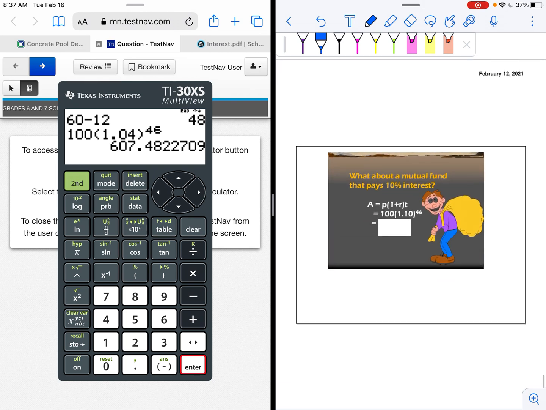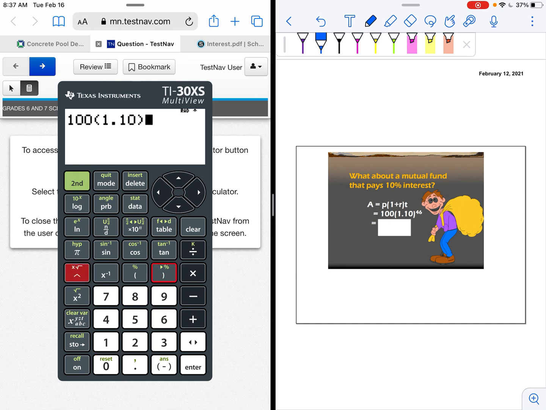Last one here. What about a mutual fund that pays 10% interest? So you're still assuming that you've got 46 years to do this. It's based on the previous slide. So I'm going to clear this out. We're going to do 100 times, I'm going to use the parentheses, 1.10, because now our interest rate is not 4%, it's 10%.